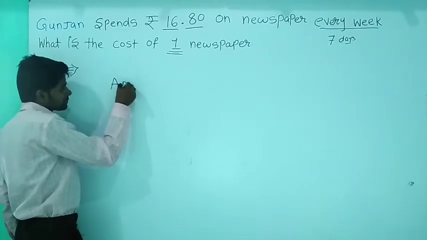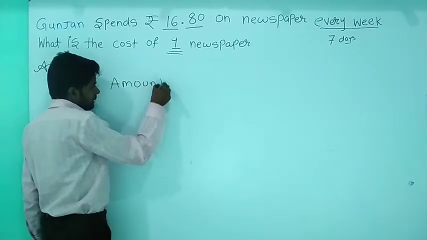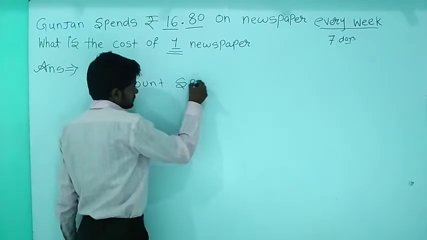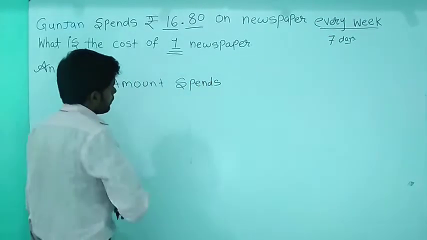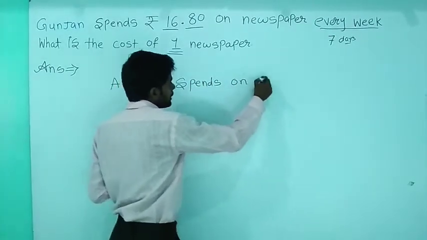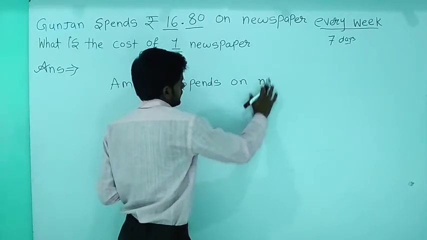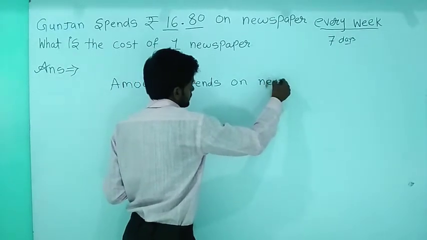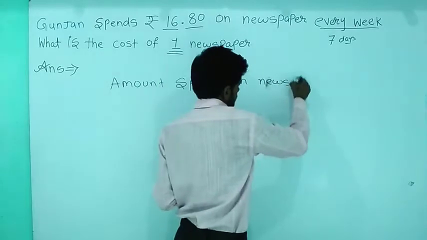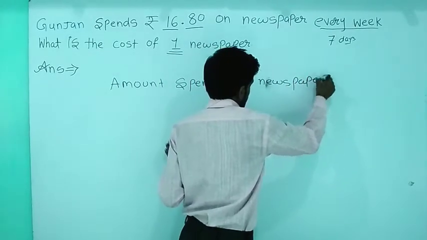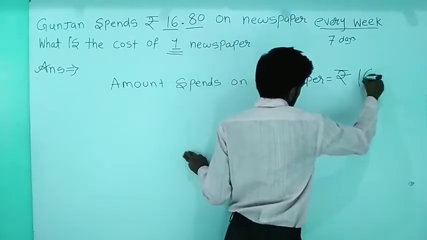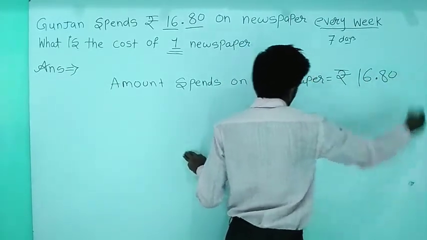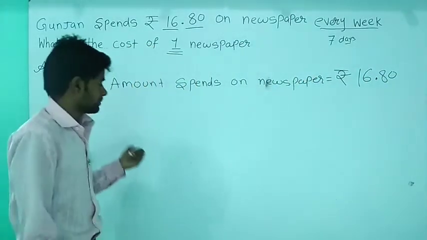So we can write the statements as, first of all, amount spent on newspaper is rupees 16.80. That is 16 rupees and 80 paise.